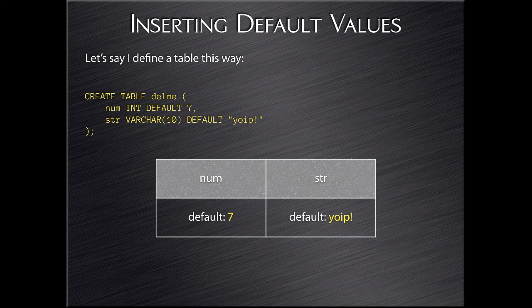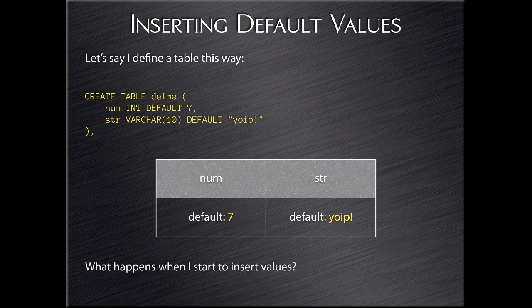It's a varchar 10, but I'm telling MySQL that if I do not give it any data for that value, it should insert the string yoip. Right? So both of these now have default values. And so when I insert, if I leave out one or the other, even both actually, of those values, MySQL knows what to put in there.